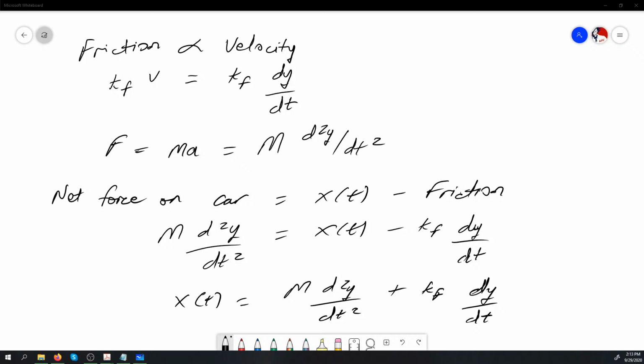Alright, so because we treat the friction as an abstract here, this is how we obtain the mapping to get the net force on the car with respect to x of t and y of t. So the next question that you guys wanted to do, I believe, was question 8.